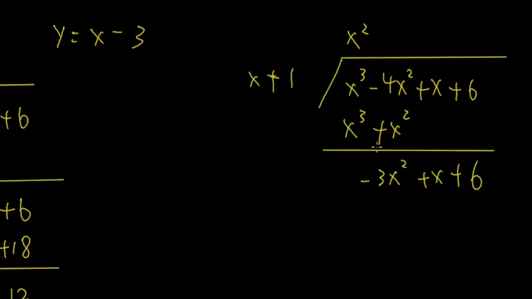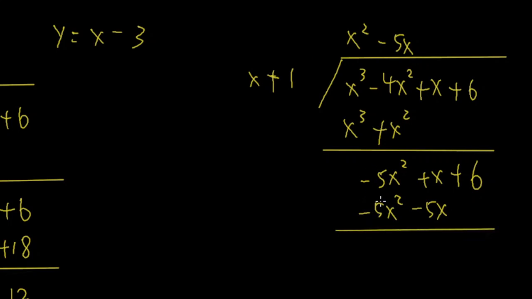So that will be minus 5x squared. Next, minus 5x times x is minus 5x squared. This will be minus 5x.